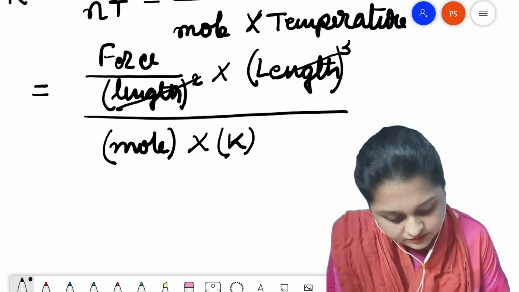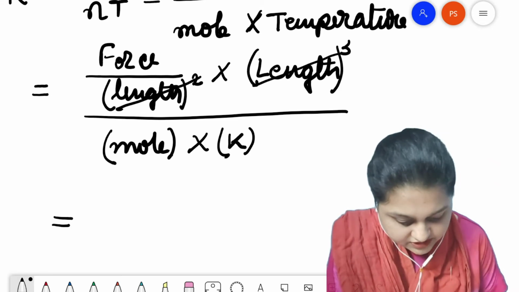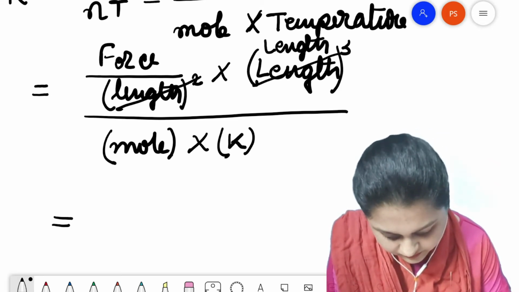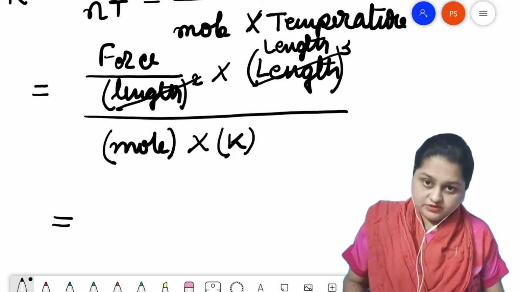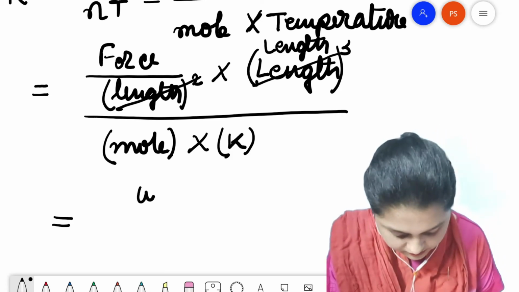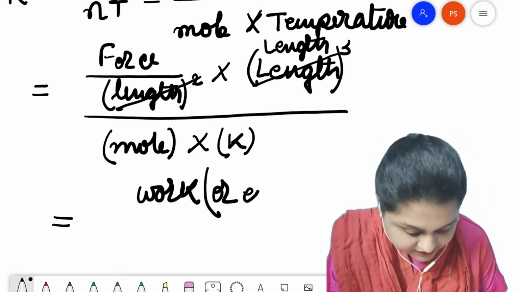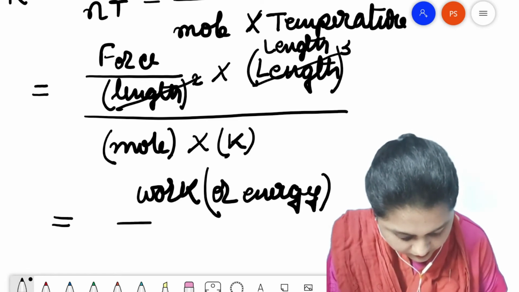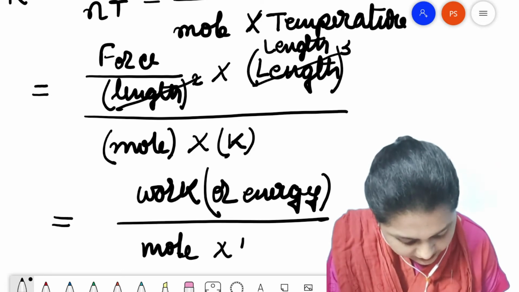Now, length squared and length cubed will cancel each other, leaving one length, so that force multiplied by length means work or energy, divided by mole multiplied by Kelvin.